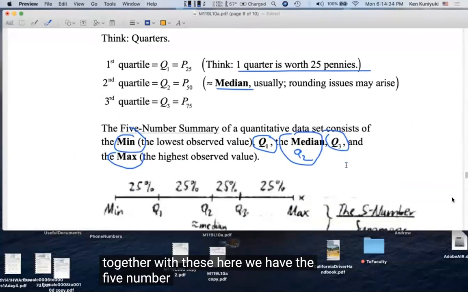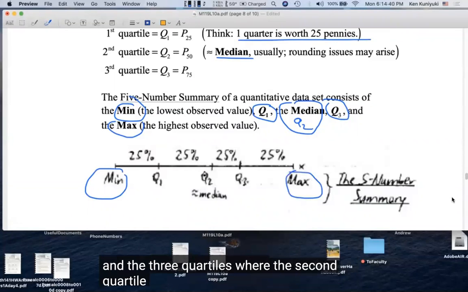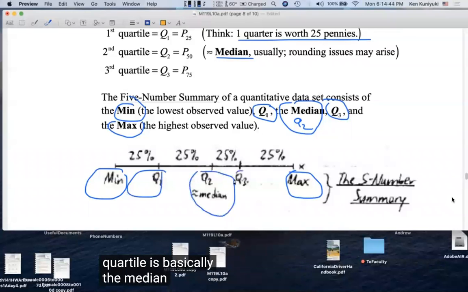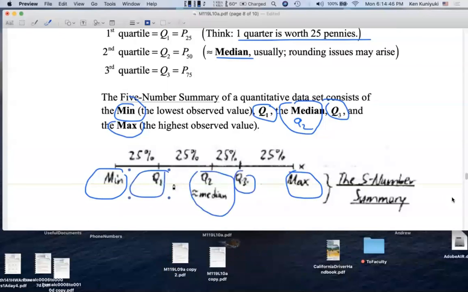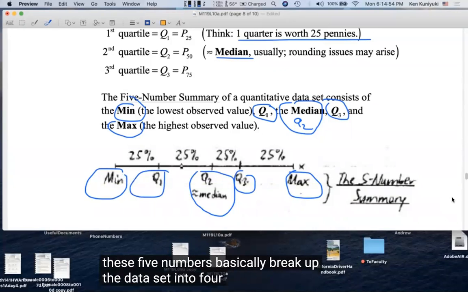Here we have the 5-number summary. The min score, the max score, and the 3 quartiles, where the second quartile is basically the median. The 5-number summary. So these 5 numbers basically break up the data set into 4 groups of 25% each.